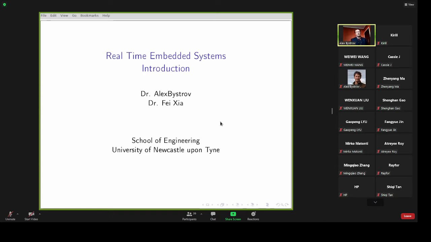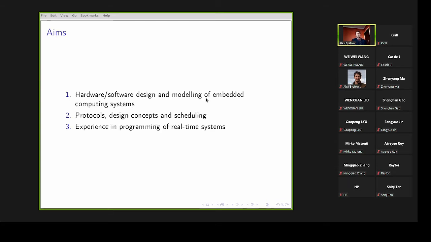I usually begin this module with a set of slides, and this set of slides does not belong to the assessed material, so it is an introduction to the module. It includes the title, the names of the academic staff, the name of the school, aims and objectives as usual.